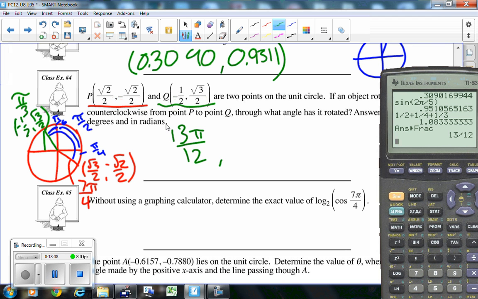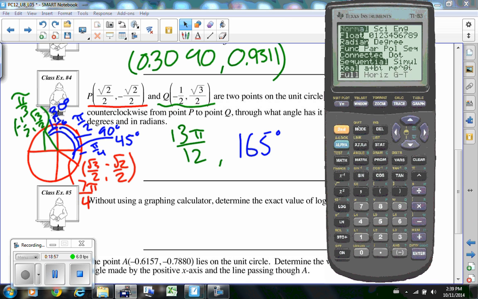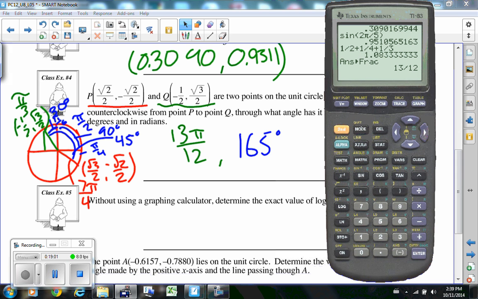It also wants it in degrees. In degrees, that's going to be 45 degrees, 90 degrees, and then 30 degrees more. So 90 plus 30 is 125, 165 degrees. And if I wanted to check that that was in fact the same, I could go like this into degrees, and I could go 13 pi twelfths in radians, 195 degrees.